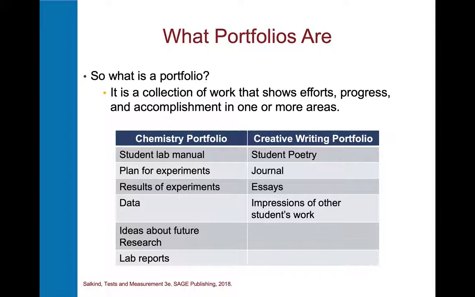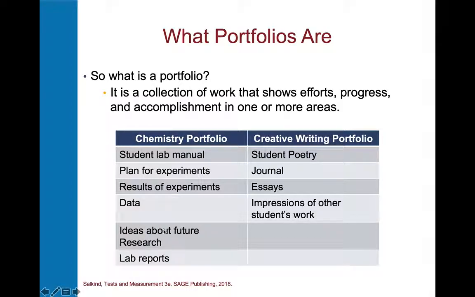So, for example, for a chemistry class portfolio, you could have various materials in there that are testament to the efforts, the progress, and the accomplishments of a student as he or she makes their way through a chemistry class. So, you could include things such as the lab manual, the plan for experiments, the results, the data, ideas about future research, the lab reports that were generated.